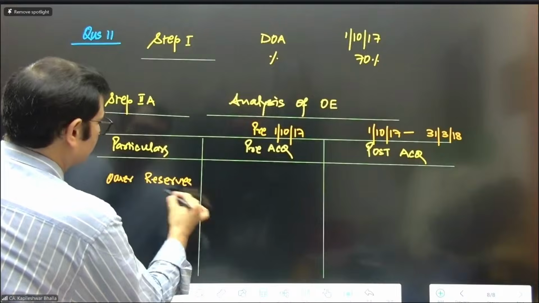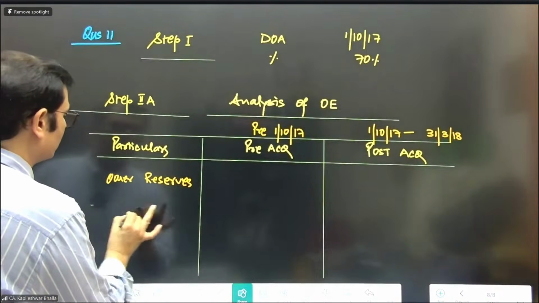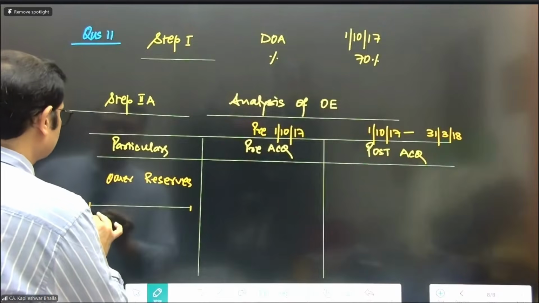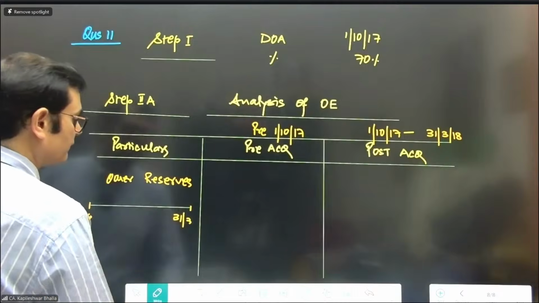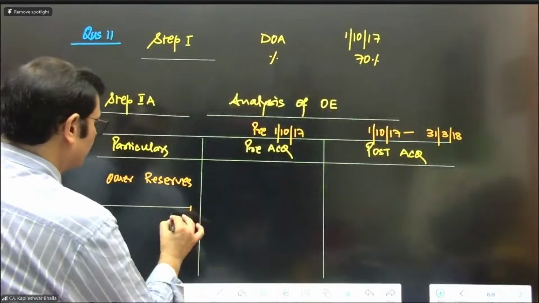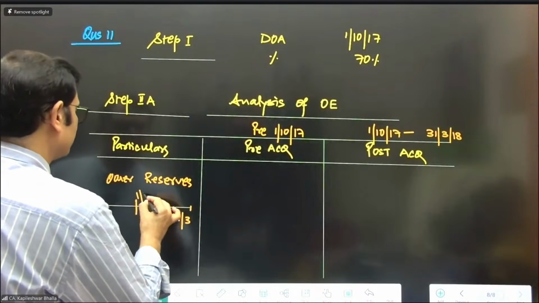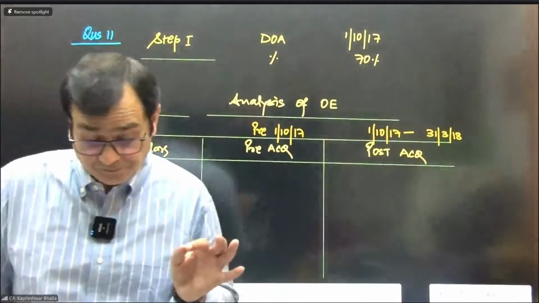When I look at the other reserves, I think it's a good input that you make a smaller time scale in the inner column. See the status at the beginning of the year, 1st April, and this is 31st March. So it would be a good idea that you make a time scale and see the date of acquisition is 1st October.